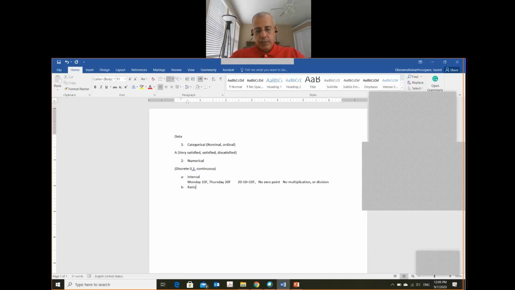In order to do that, we need to use the ratio variable. With ratio, we can do all types of mathematical calculation like summation, subtraction, multiplication, and division, like your weight or height. Zero height means it has no height, so we have a zero point in this variable. Does that make sense so far?